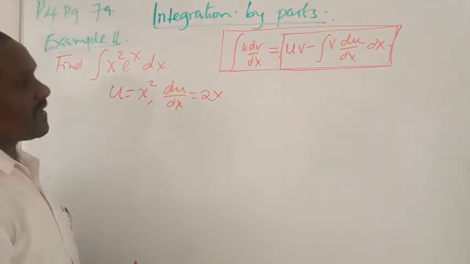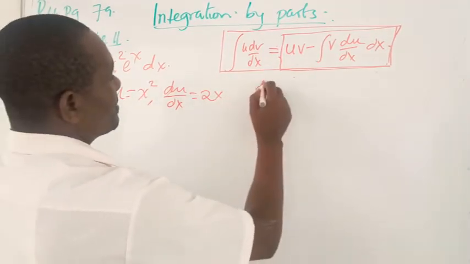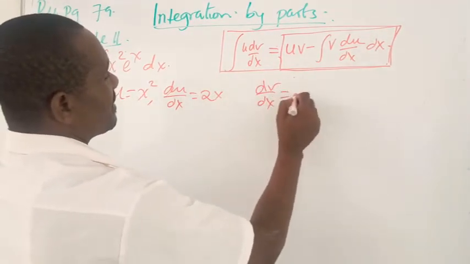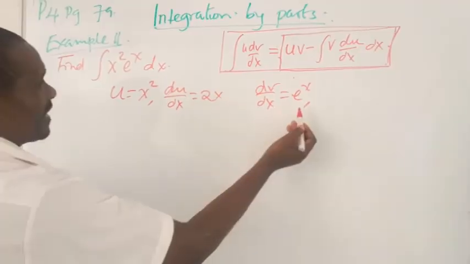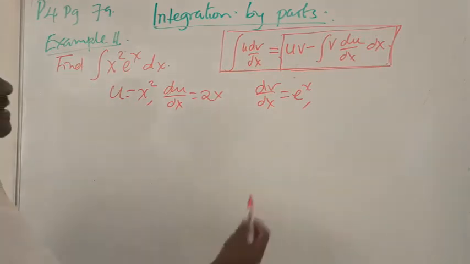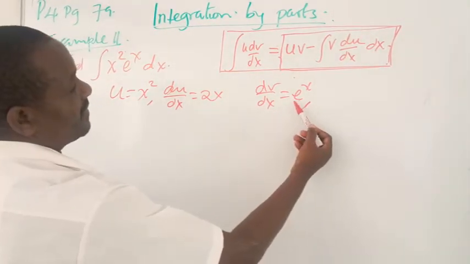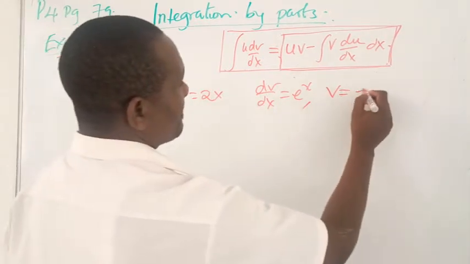2x. And if that is now u, then e raised to power x is dv dx is e raised to power x. And because we have been dealing with exponential raised to power variable, and we have always known that the dv dx, if we have e raised to power x, then the v, after integrating this, becomes the same thing.